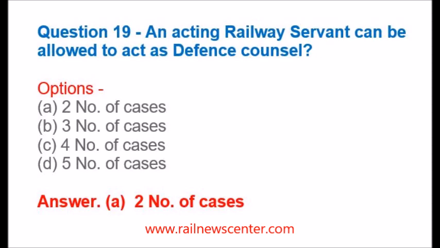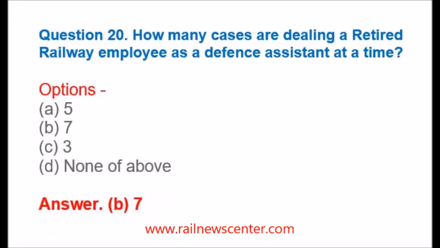A. 2 number of cases. Question 20. How many cases can a retired railway employee handle as a defense assistant at a time? Options: A. 5, B. 7, C. 3, D. None of above. Answer: B.